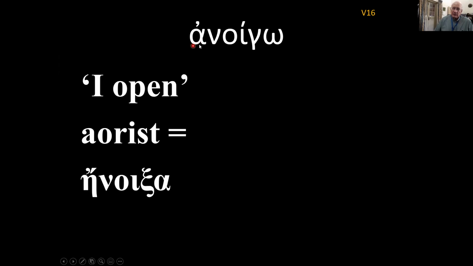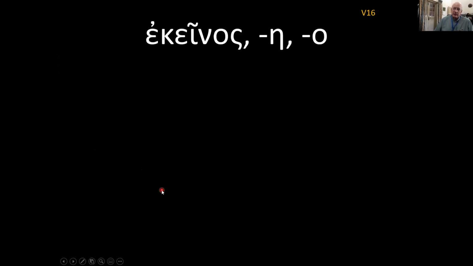The alpha, when the augment epsilon comes, lengthens to eta. So it's enoig, and gamma combines with sigma to become xi. So we don't have enoigsa, we have enoixa, and the ending is the aorist indicative ending.